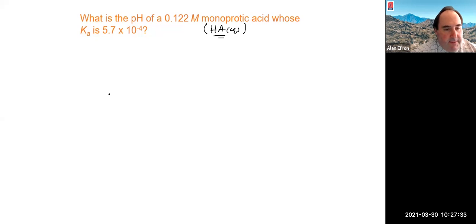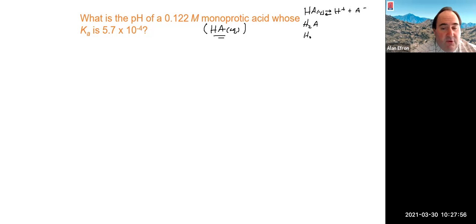At this one here. So again, if you're not really given a formula of a specific weak acid, this is a good one to use. This again represents a monoprotic acid. If you had diprotic, it would be H2A.